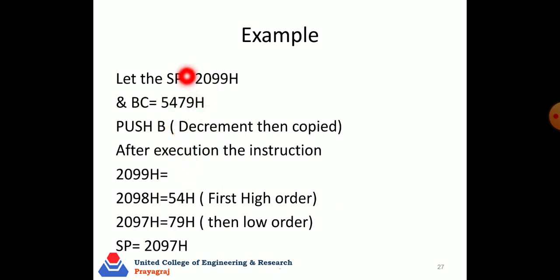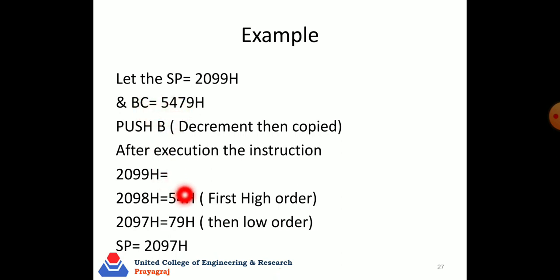So after execution of push B, with this situation of the stack pointer and the value of BC: first the stack pointer is 2099, it is decremented by 1, that means it becomes 2098, and the high order here in BC is B. So what is the value of B? It is 54.